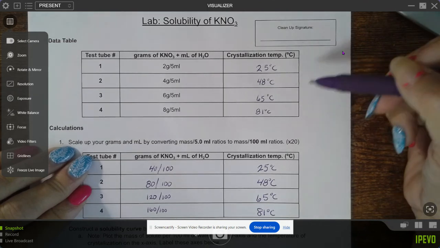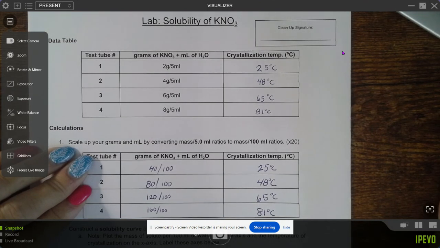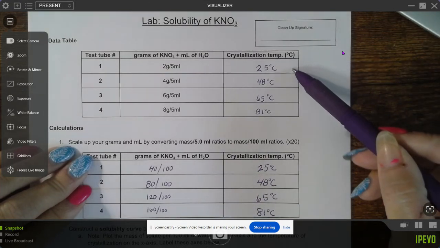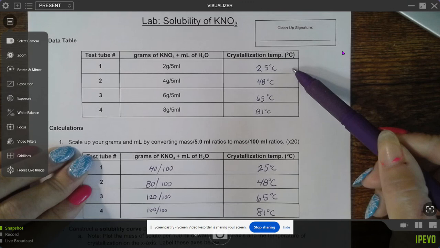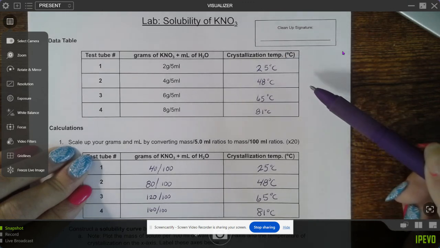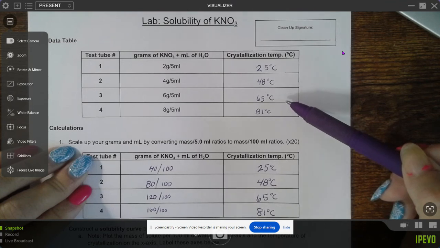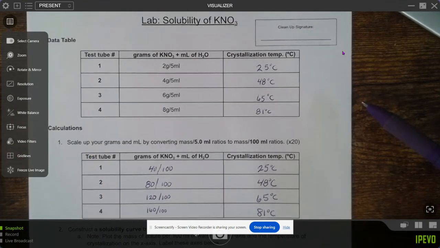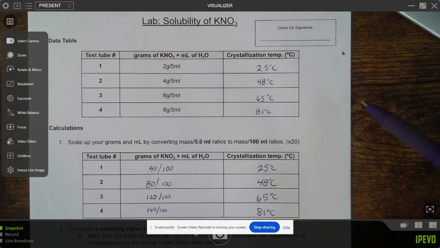I want you to use your values. I know some of you did not get values for the first test tube with the smallest amount of solute. If you did not get values, you can use these. But a majority of the data should be data that you collected in your personal experiment.